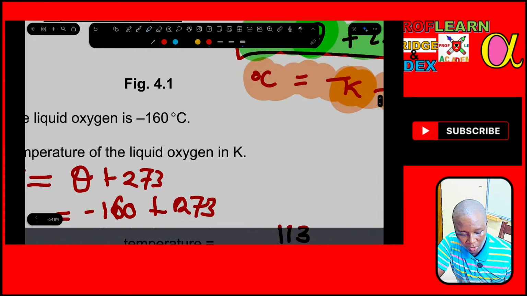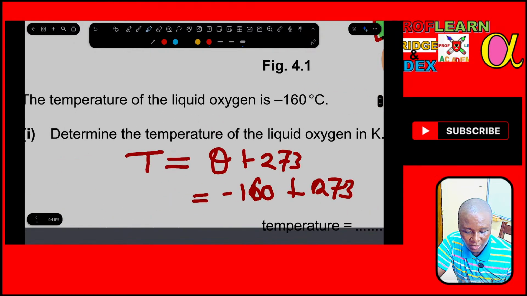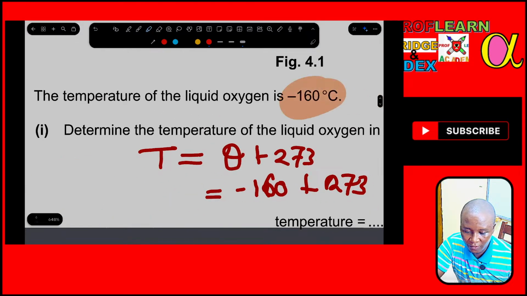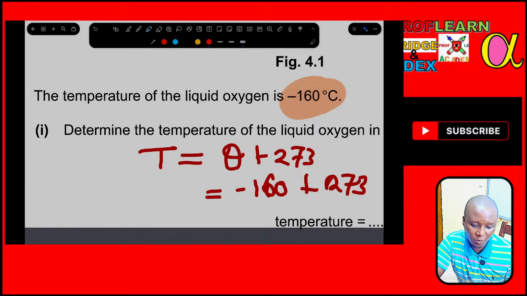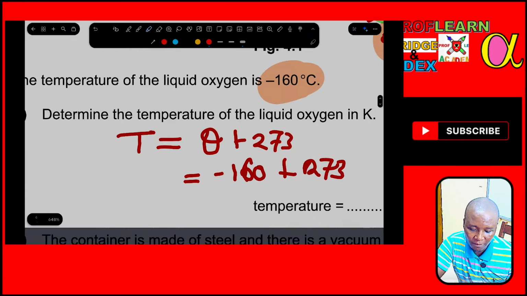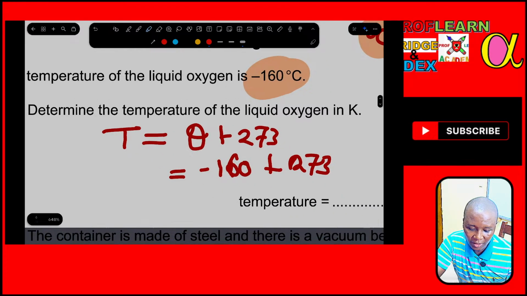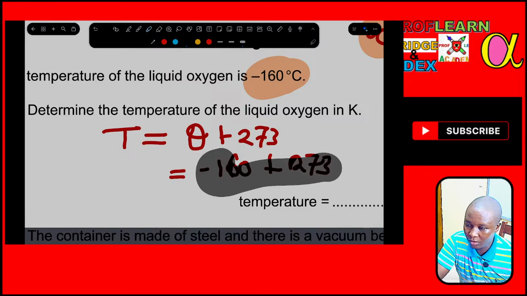In this question, candidates were given a temperature of negative 60 and asked to determine the temperature in Kelvin. It will be negative 60 plus 273.